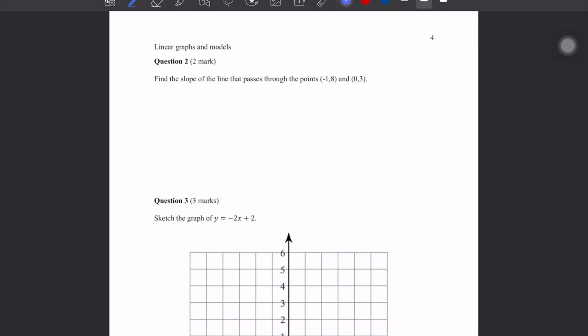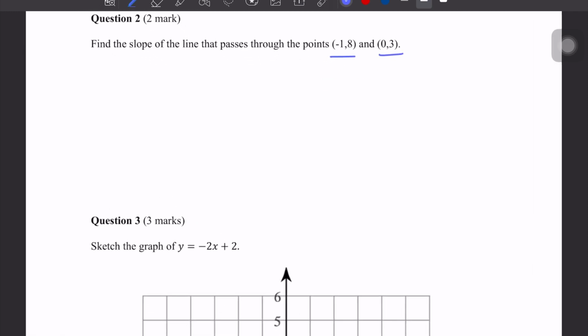Let's do the next question. Find the slope of the line that passes through the points (-1, 8) and (0, 3). To find the slope m, we can use the formula y2 minus y1 over x2 minus x1, the change in y over change in x.